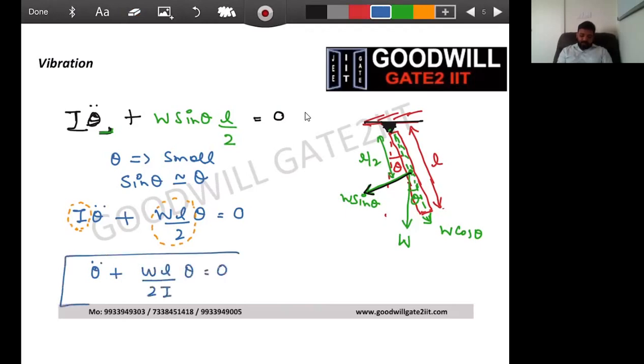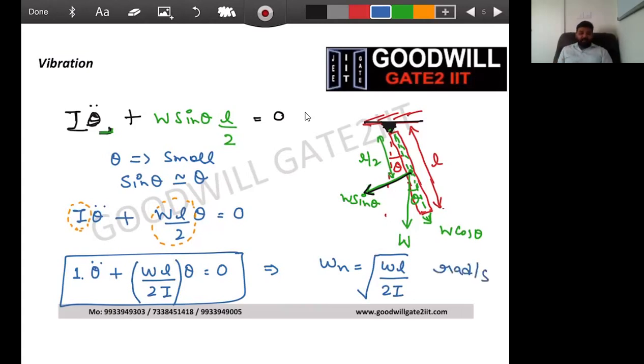And this is what is referred to as the equation of motion. Now don't worry about it. The only intent as of now for this numerical is to calculate the natural frequency. And I already told you, whatever coefficient you have with theta or with x, provided that this coefficient is 1, the square root of that term will give you the natural frequency. All right, so this becomes the natural frequency, and this natural frequency formula is always in radian per second.